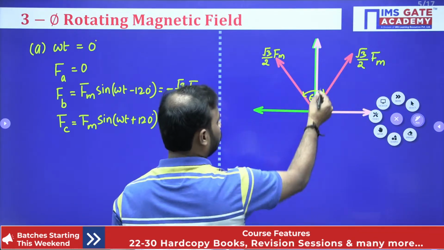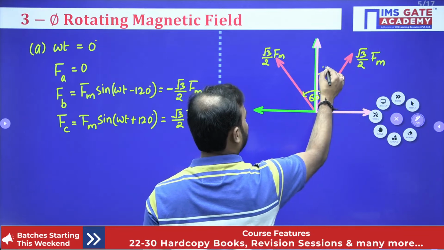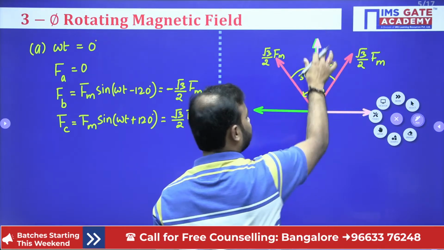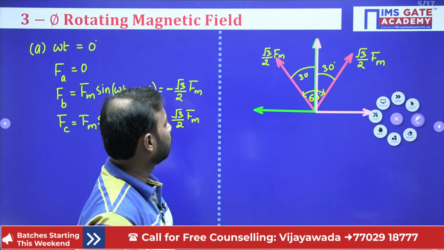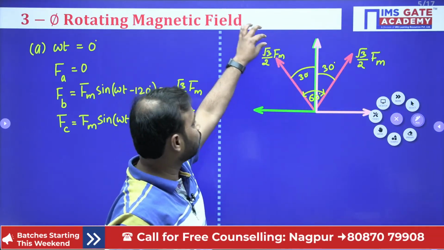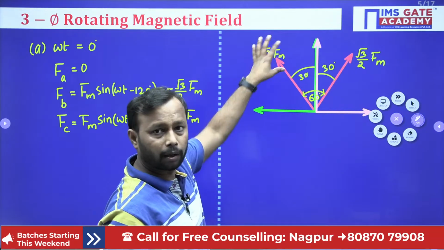All right. So this will split this 60 degree into again 2 equal halves, because this will act as an angle bisector.